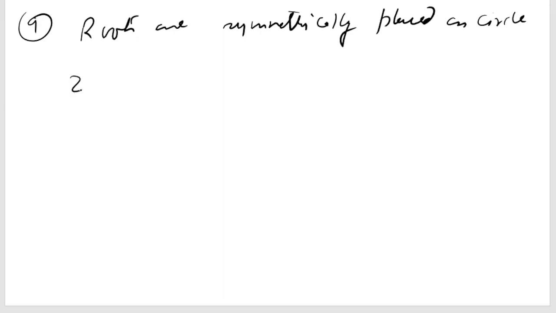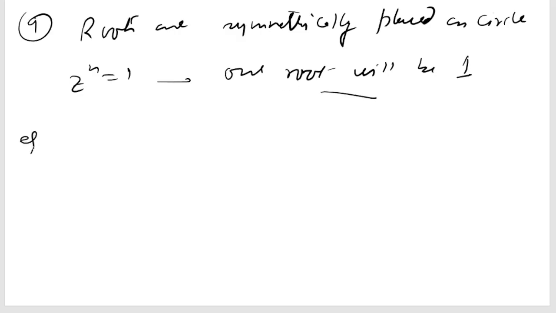If I say z to the power n is equal to 1, surely one root will be 1. Since the roots are symmetrically placed, the other remaining roots will be placed symmetrically. For example, one root is always 1, and the other roots we have to place symmetrically. For example, if I say z to the power 4 is equal to 1, since the roots have to be symmetrically placed.